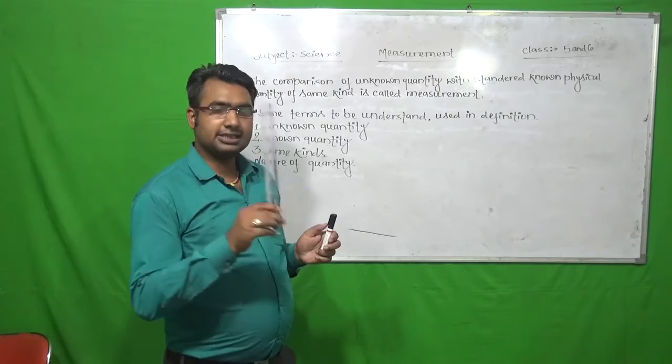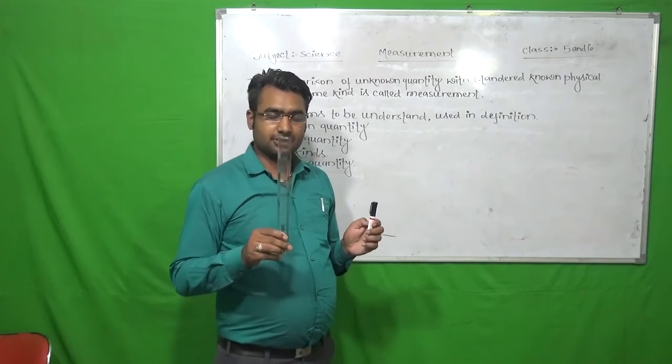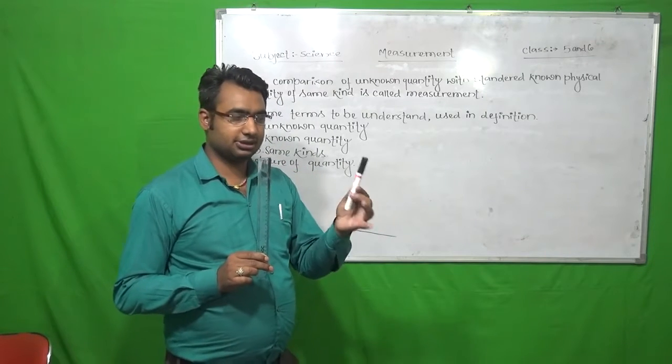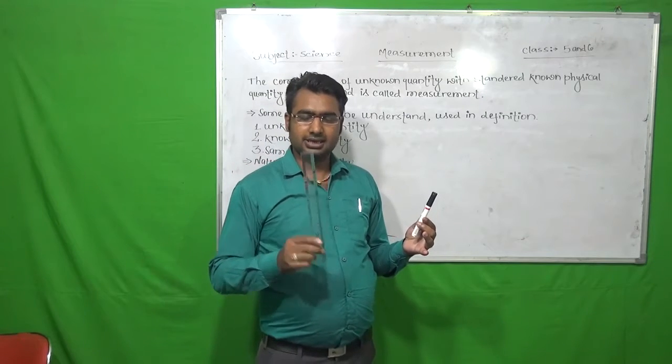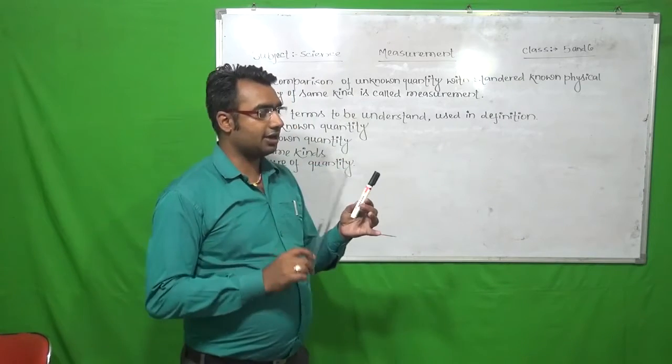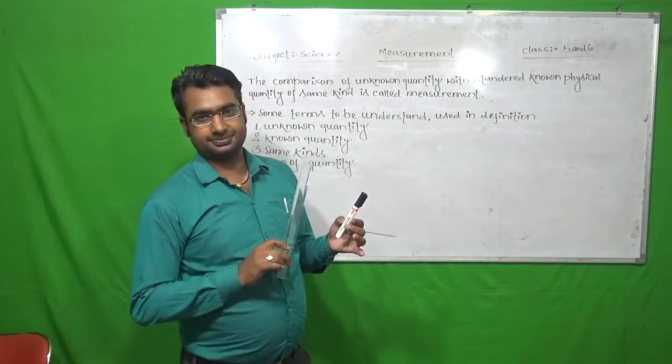Which is here to compare with the unknown quantity, which is the marker here. This ruler helps us to find out the actual length of this marker.